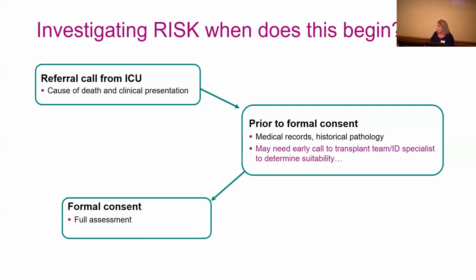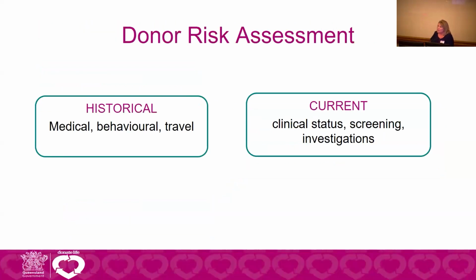If we go ahead, then we go on to formal consent with the family and we start doing a full assessment of our donors. We break it down into historical information about them and current information, being mindful that we can't get the history in the first person because the patient is deceased.